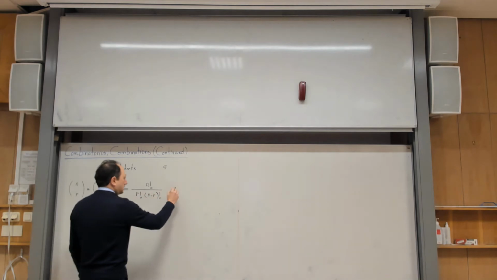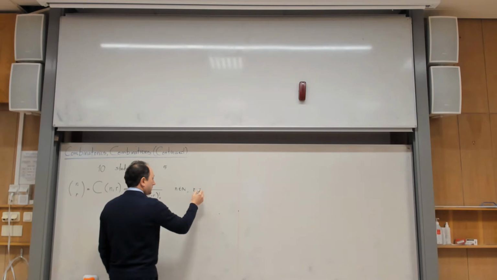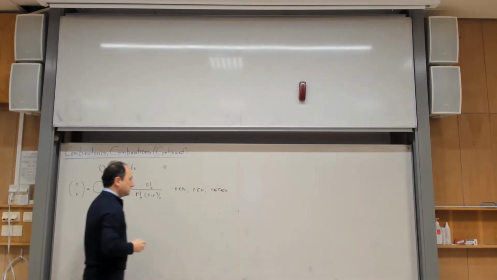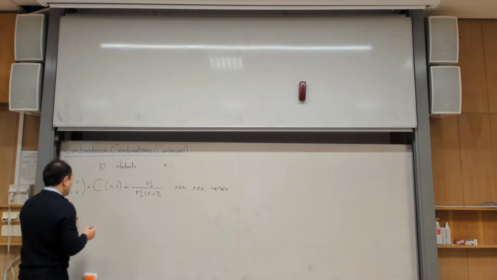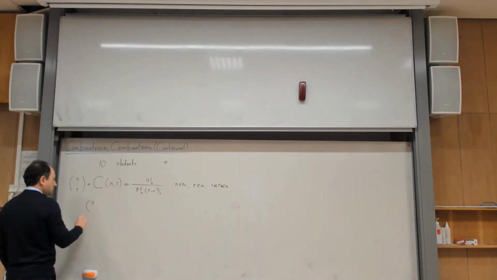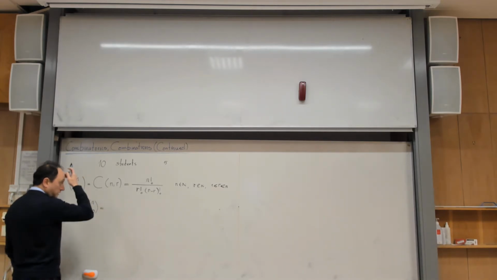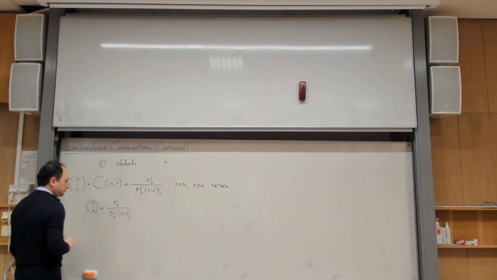This is when n is a natural number, r is also a natural number, and r is somewhere between 1 and n. But of course, we also learned that for the special case r equals 0, this formula also works. If I ask you to calculate this symbol for r equals 0, it becomes n factorial over 0 factorial times (n minus 0) factorial.